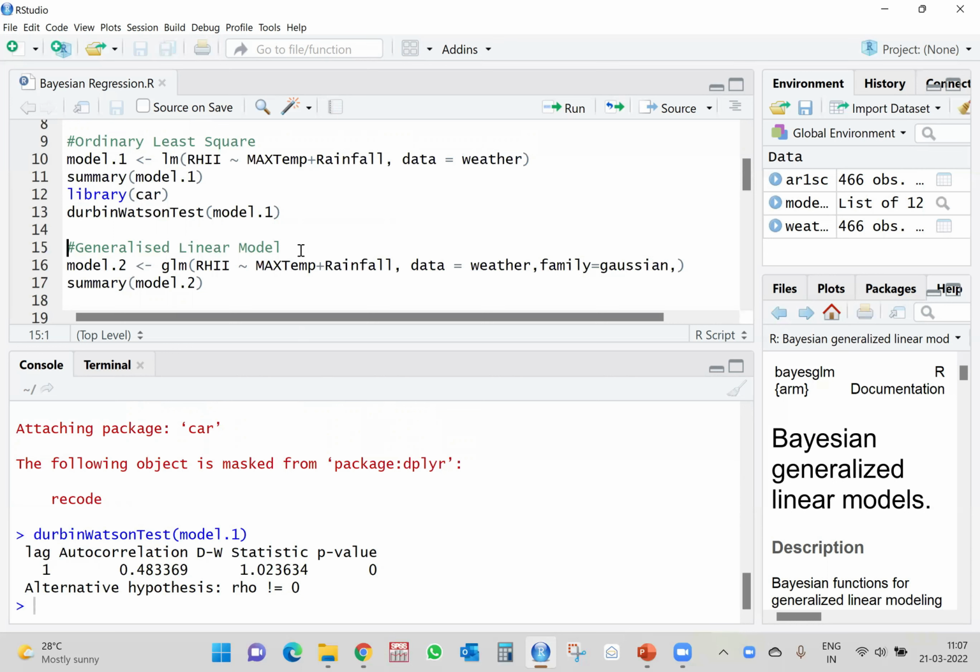The next alternative is to utilize the generalized linear model, which can do iterative weighted least squares. So we are using the glm function, and it is possible to specify a distribution form for the errors. The model is kept the same, and we implement that.